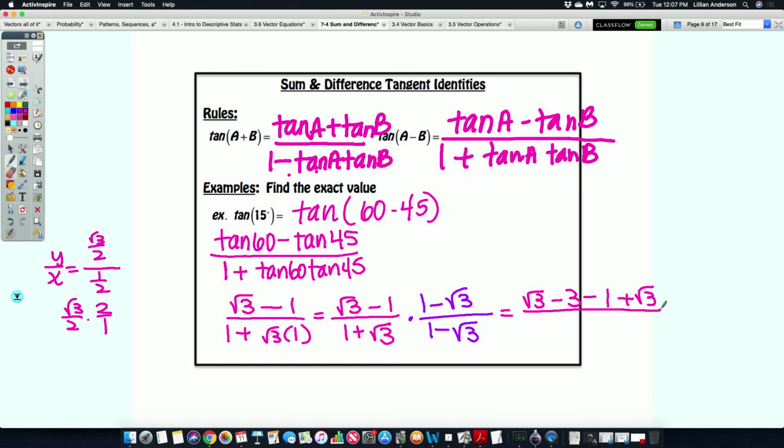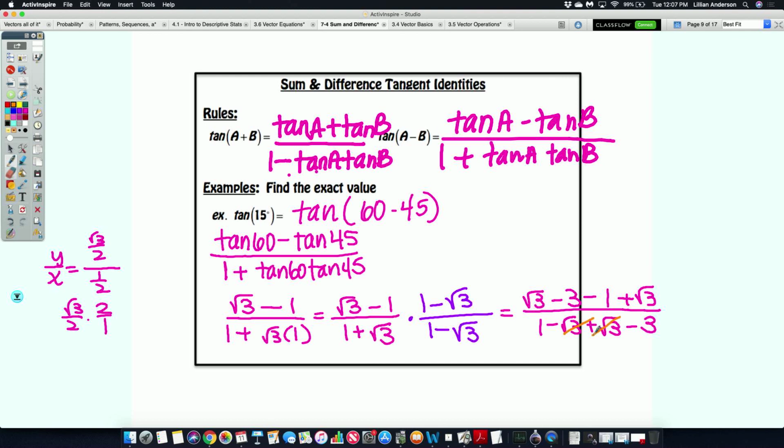In the denominator, when we multiply by the conjugate, that's going to end up turning into a whole number. So I have 1 times 1. 1 times the negative square root of 3 is a negative square root of 3. Square root of 3 times 1 is a positive square root of 3. And what's the square root of 3 times negative square root of 3? Negative 3. Watch those signs.